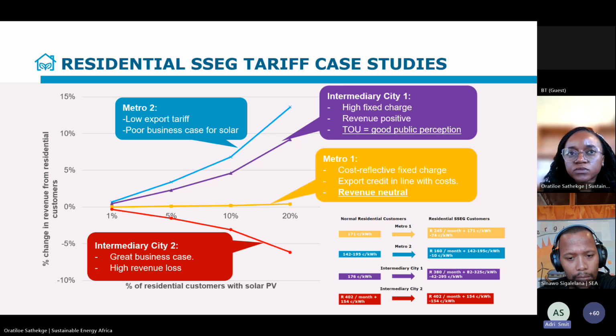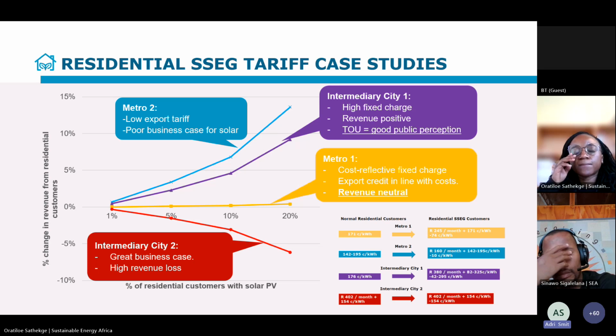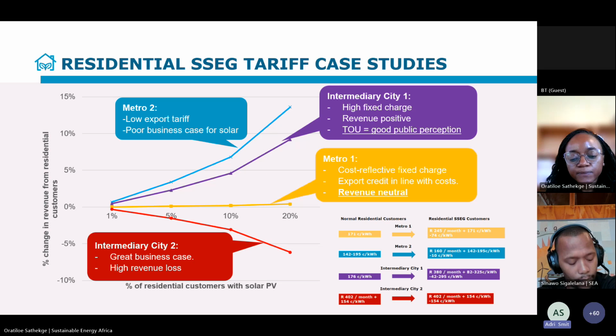And then our second challenge is trying to get customers to register solar PV, which is actually a big challenge in our municipality. I think with us, it's firstly the implementation of the basic charge that we are looking at, and secondly, because we don't have export tariffs.